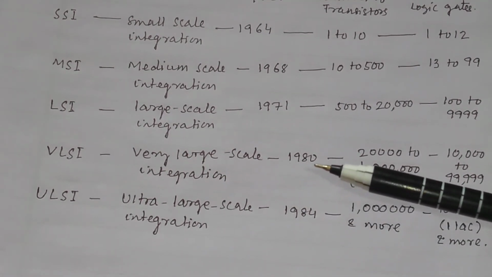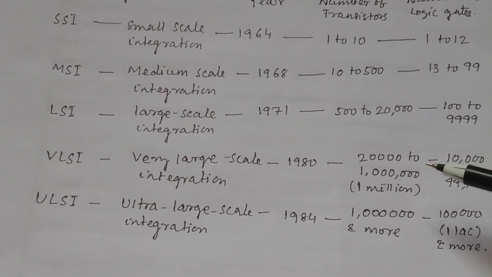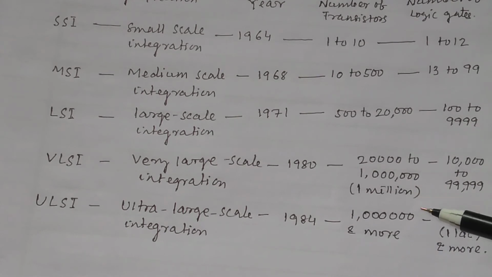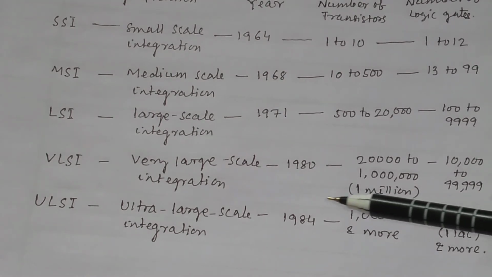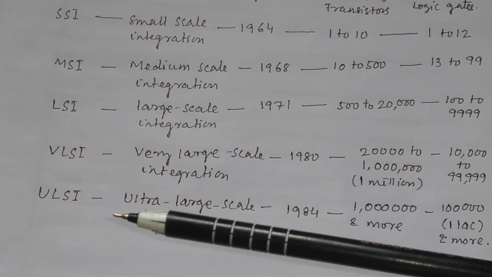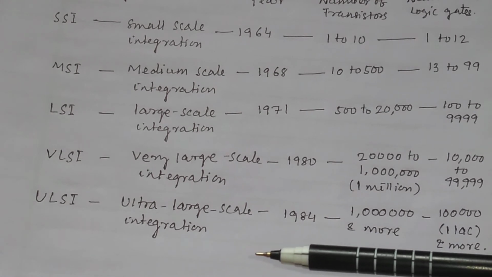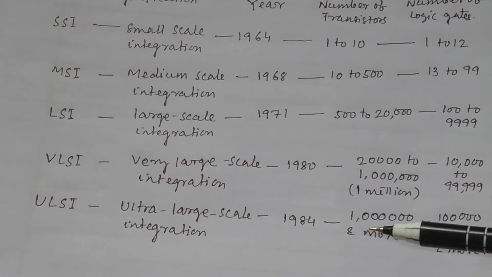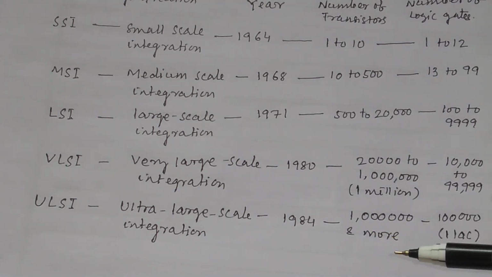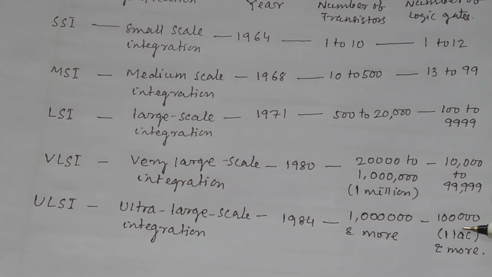It was invented in 1980, and the number of transistors used is 20,000 to 1 million, and the number of logic gates is 10,000 to 99,999. And the next is ULSI, or ultra large scale integration. It was invented in 1984, and the number of transistors used in ULSI is 1 million and more, and the number of logic gates used is 1 lakh or more.